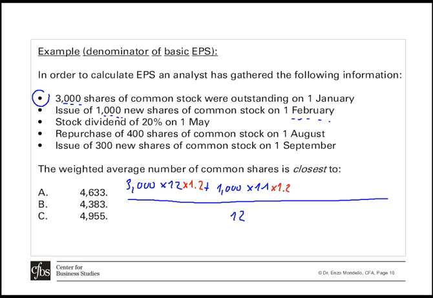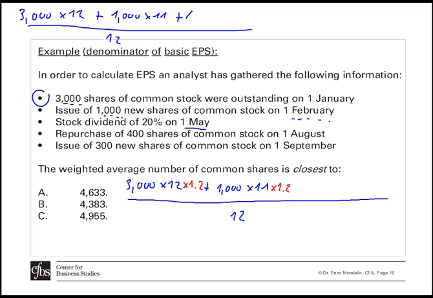So what you would probably do is take the 3,000 shares times 12 months, and then divide that by 12 months. Then we have the issue of new common shares on 1st of February, so plus 1,000 times 11 months. And now we know that the stock dividend took place on 1st of May, so we know 4,000 common shares are entitled to receive the stock dividend.